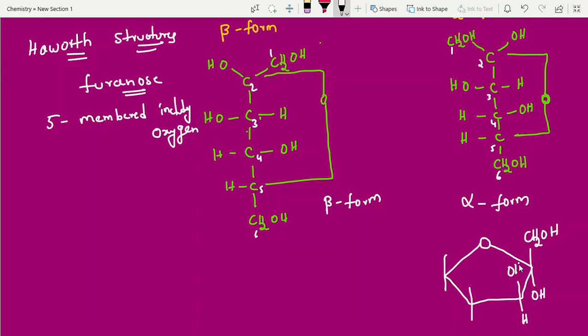OH is top. Next one, students, OH down. Right hand side. OH down, H top. Next this is H. This is what? CH2OH. So what I said, this carbon having hydrogen least priority group always down, highest priority group top, and next this is cyclic linkage. See, look into this.